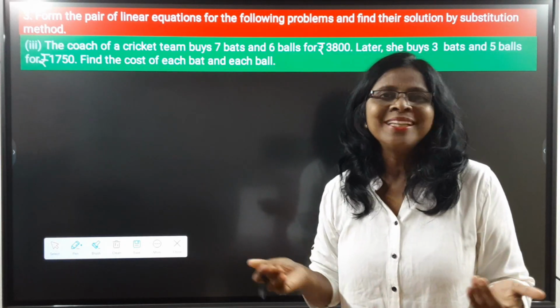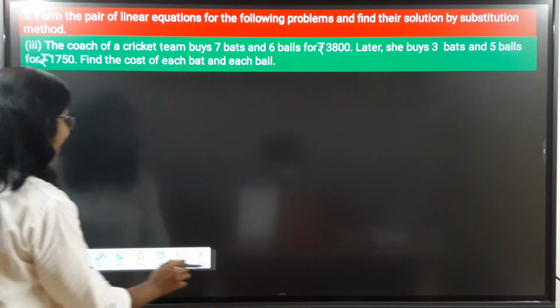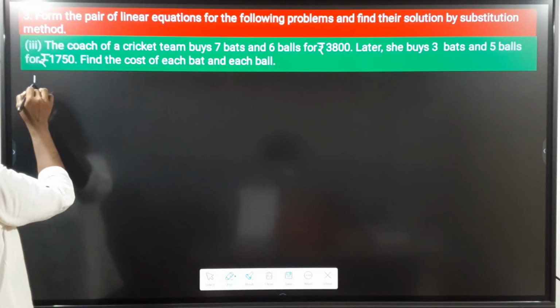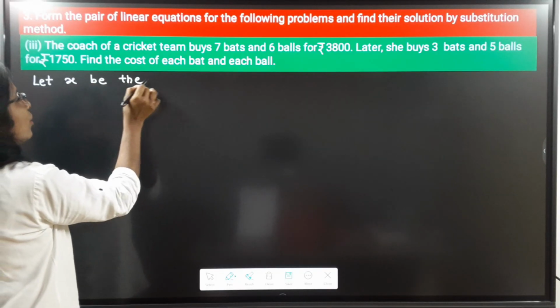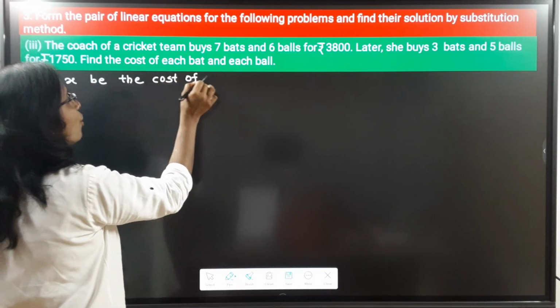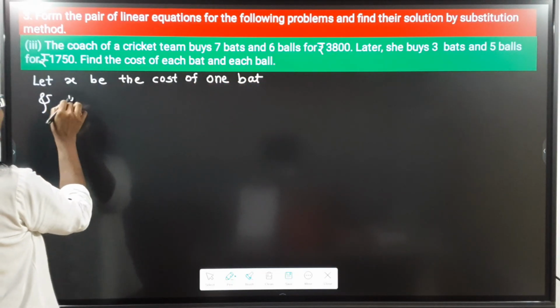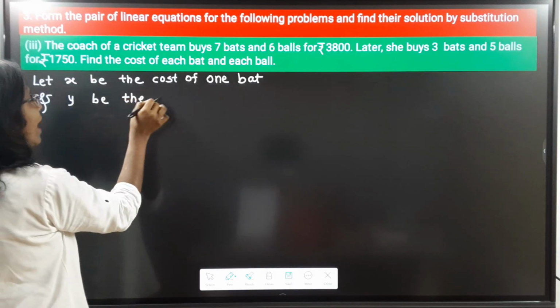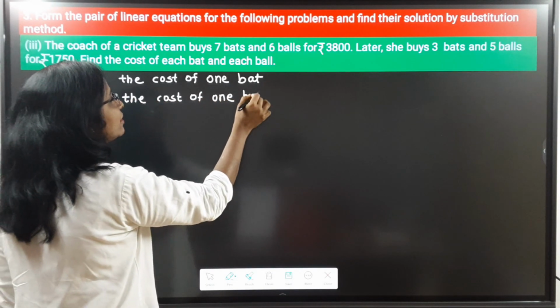So this is our assumption part. Here, students, we write the assumption first: let x be the cost of one bat and y be the cost of one ball.